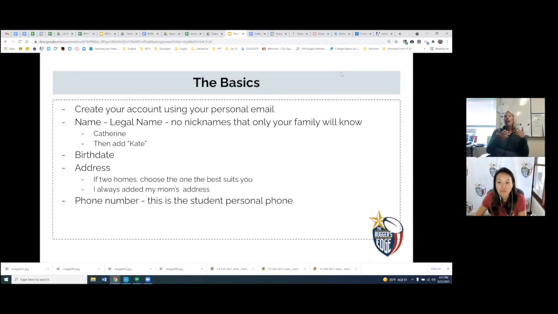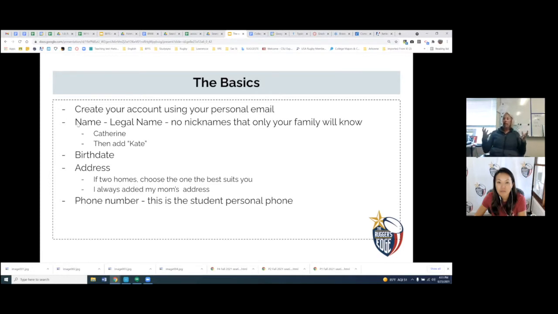So if you create your account with a school email, you might not get the notifications you need. You might not be able to confirm your account. All the things that you want to be able to do can be closed off. Sometimes schools will shut off emails and access to your school system in the summer, or if the school system does maintenance, you'll be blocked out of your email. So make sure that you use a personal email for that.